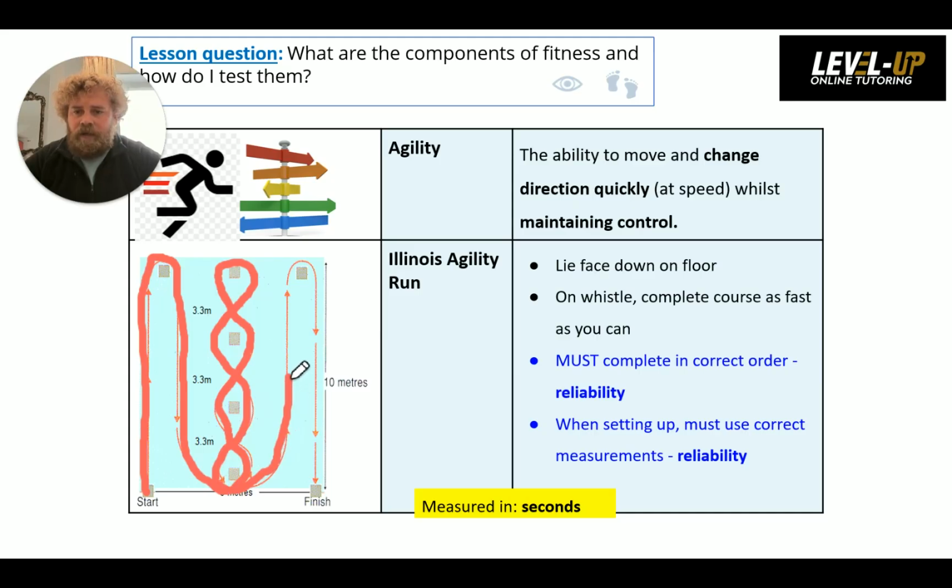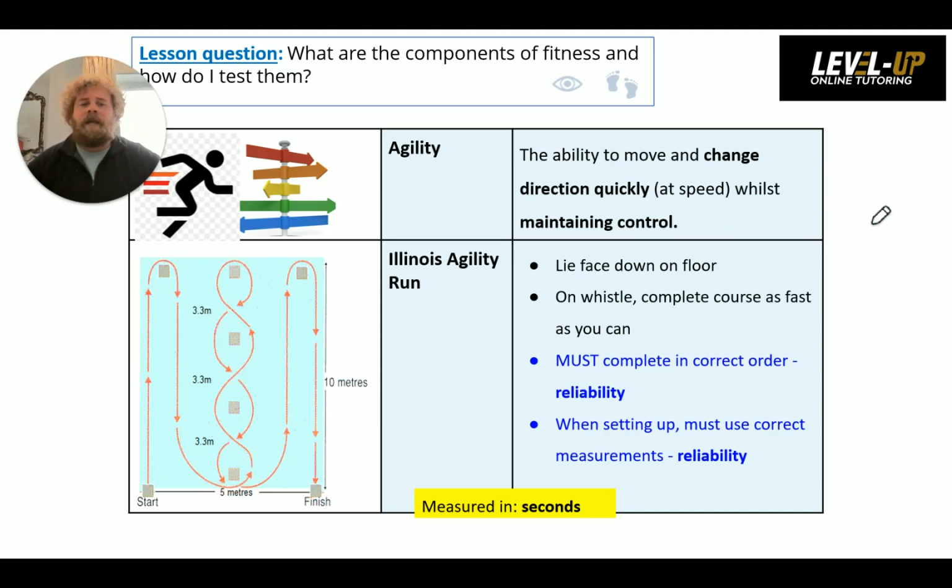Loop around, come back up another 10 meters, quick change of direction, and then back down to the finish another 10 meters. The way you would start is by lying face down on the floor. On the whistle, you complete that course as fast as you can.